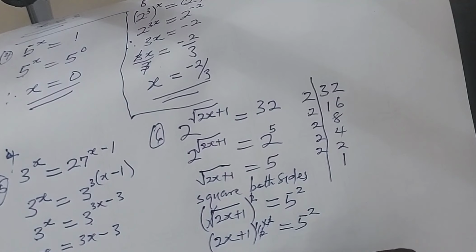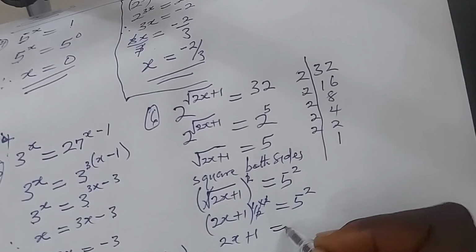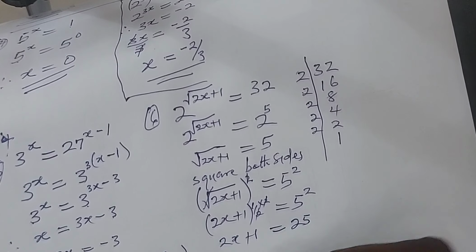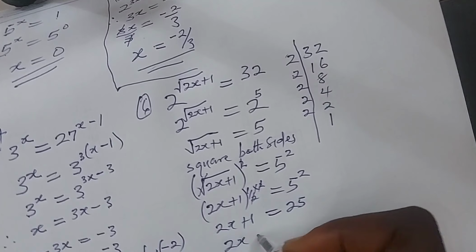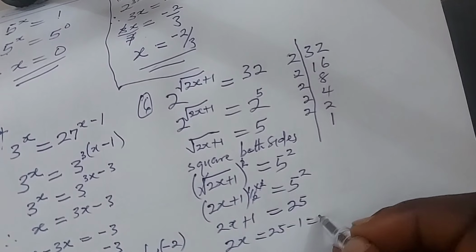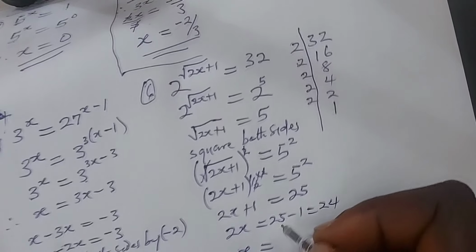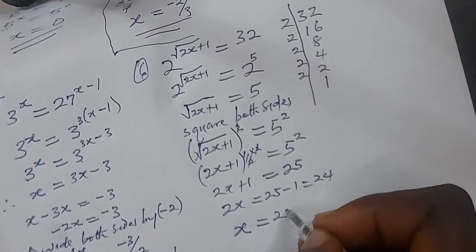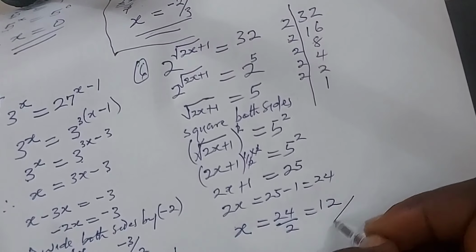So 2 cancels 2. You have your 2x plus 1 equals 25, because 5 squared is 25. You solve your ordinary linear equation. 2x equals 25 minus 1, which is 24. So your x now will be 24 over 2, which gives you 12 as your answer.